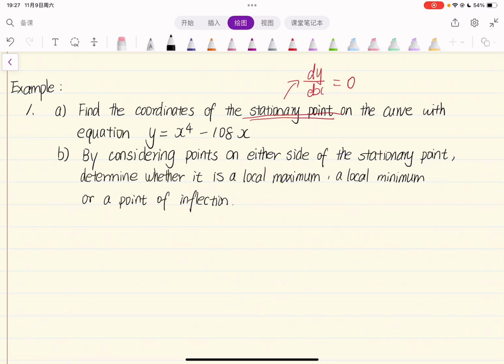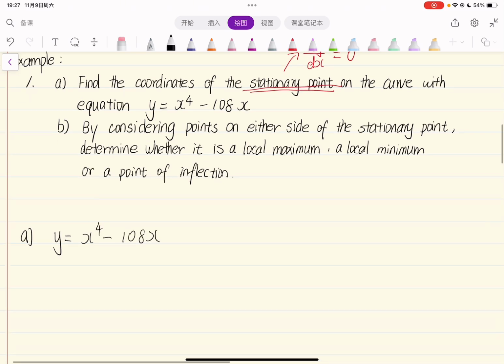So we need to find the value of x when dy over dx equals 0. Now we have the equation y equals x to the power 4 minus 108x. Then we can differentiate it to get the gradient. That should be dy over dx equals 4x cubed minus 108.